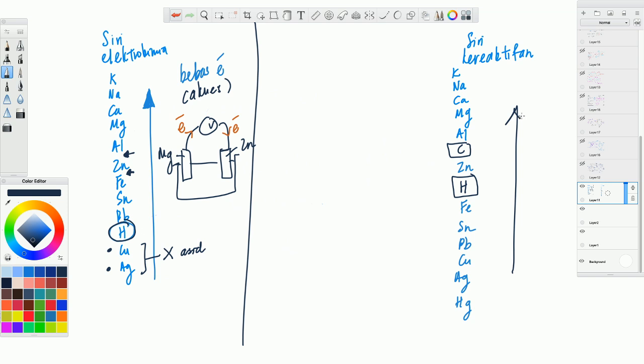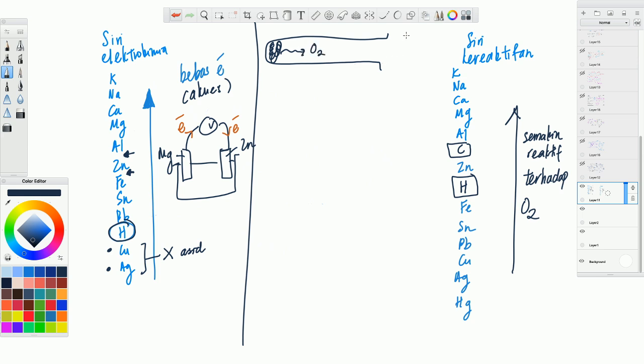Semakin ke atas, semakin reaktif terhadap oksigen. Okey, maksudnya sekiranya saya meletakkan di dalam satu tabung yang ada helium chloride dan dia boleh bebaskan gas oksigen.